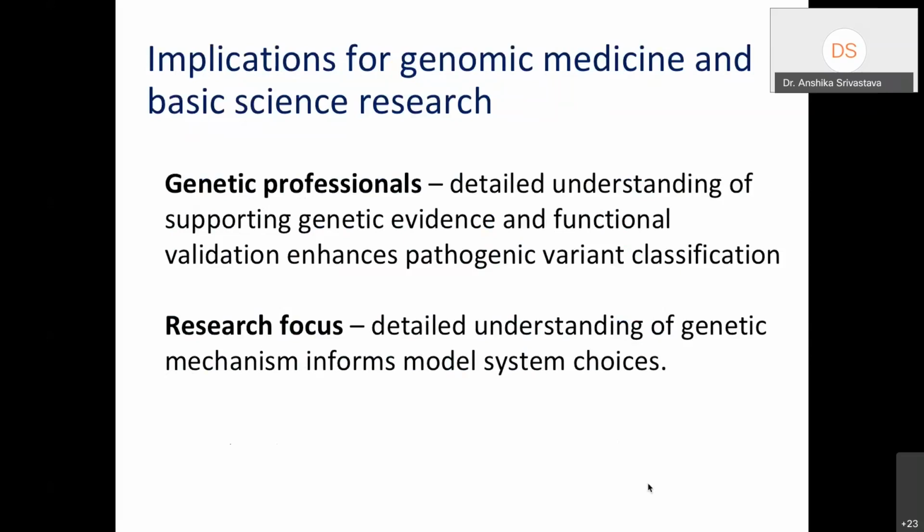Once you identify the gene underlying a specific disorder, it is very important to understand its genetic mechanism. Genetic mechanism includes its mRNA expression, its protein expression, and whether there are any functional assays that can explain what function it performs. As in this case, it was kinase function, phosphorylation. On that basis, it informs the model system.